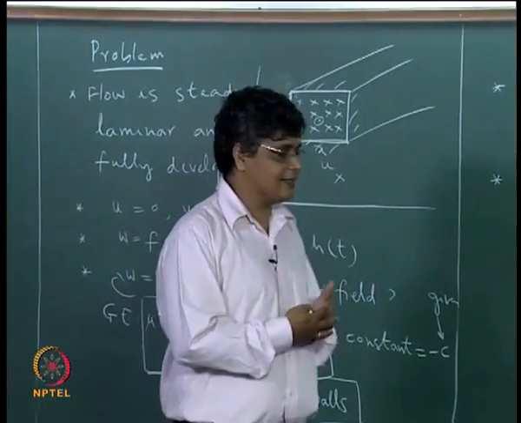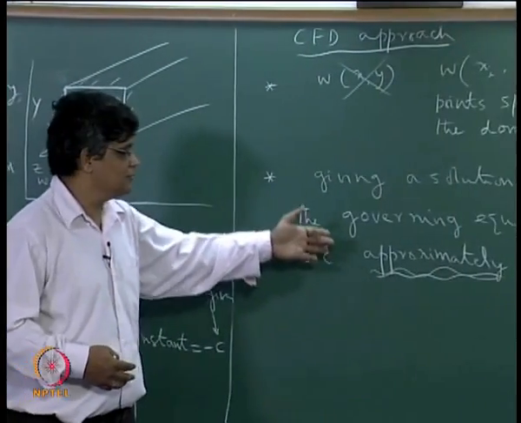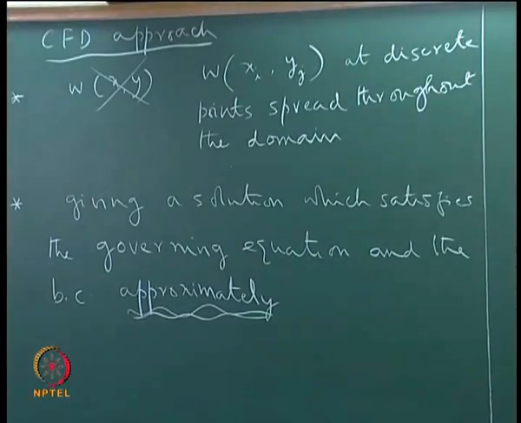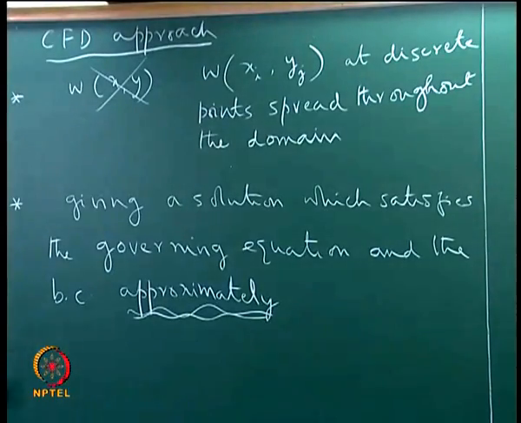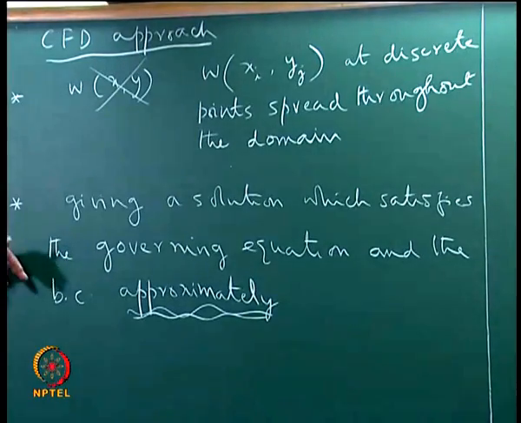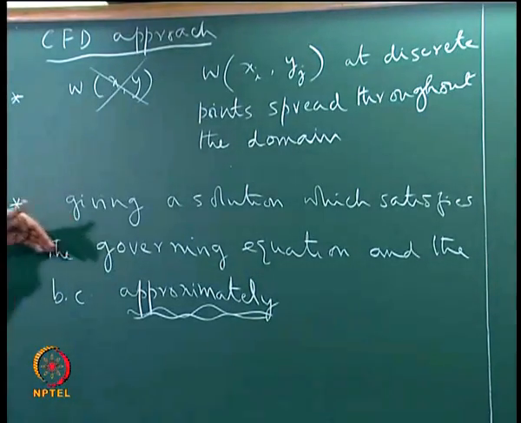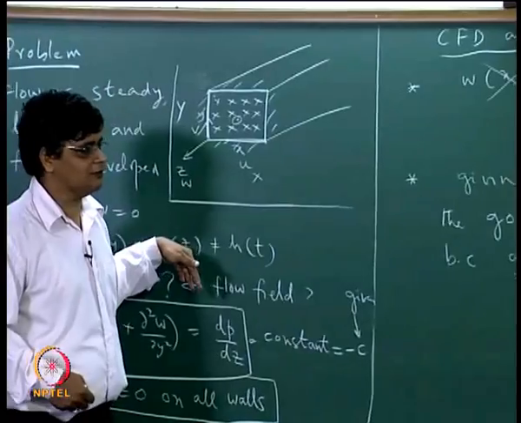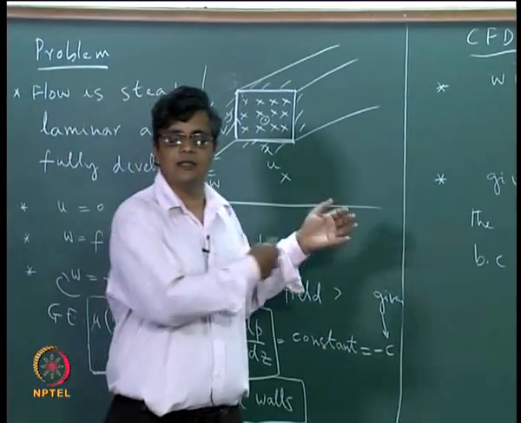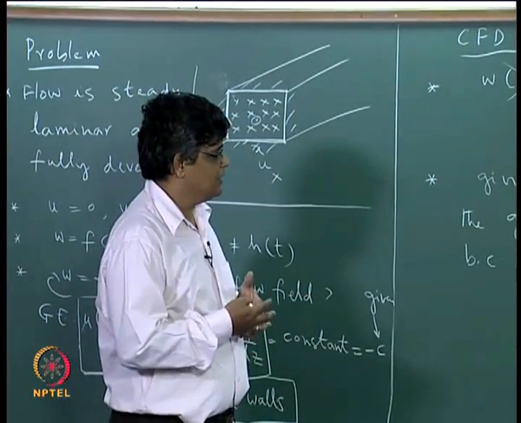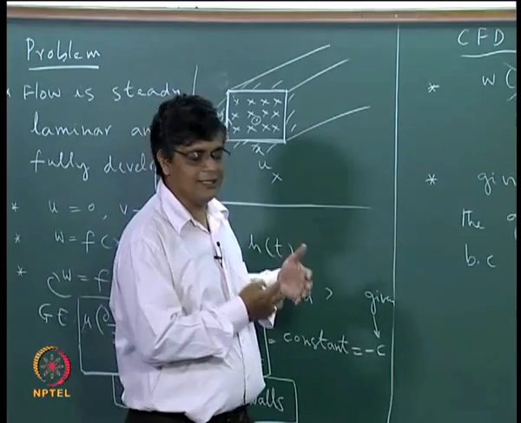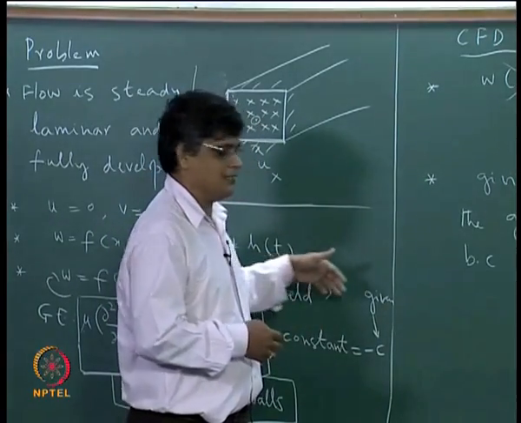We can reduce, for example, the error in the solution that may be expected. We do not know the exact error because we do not know the exact solution. So we can reduce the possible error between the CFD solution and the exact solution of the governing equation by choosing a large number of points or by changing the way that we approximate the equations.